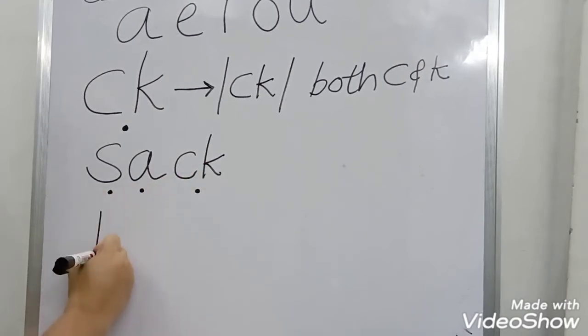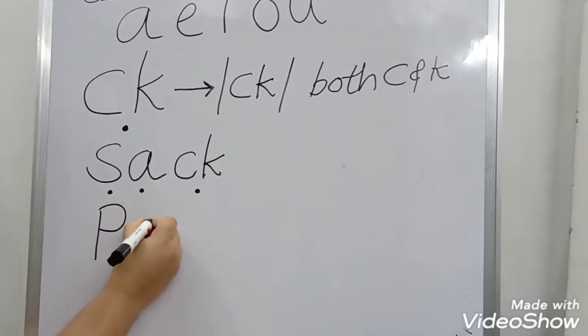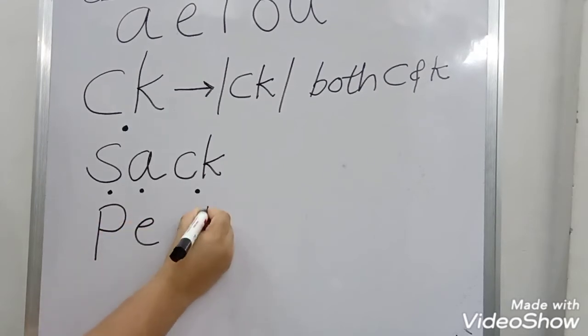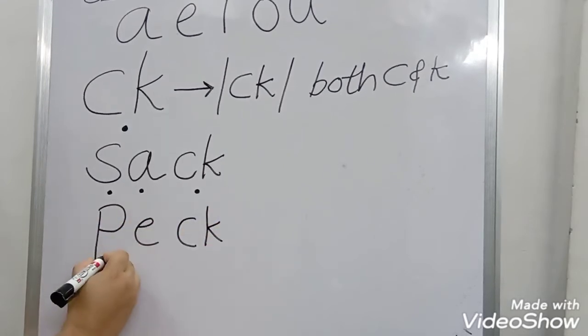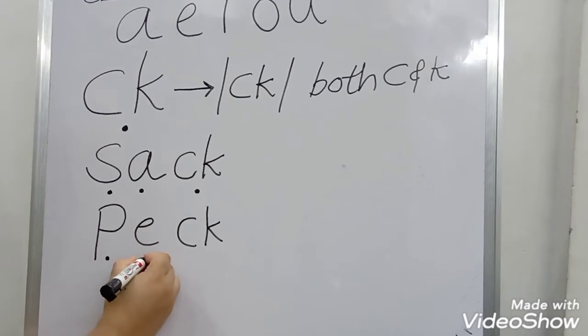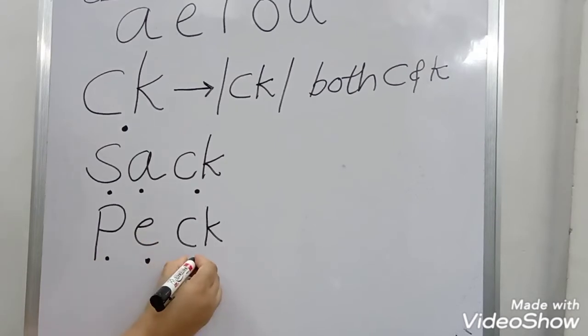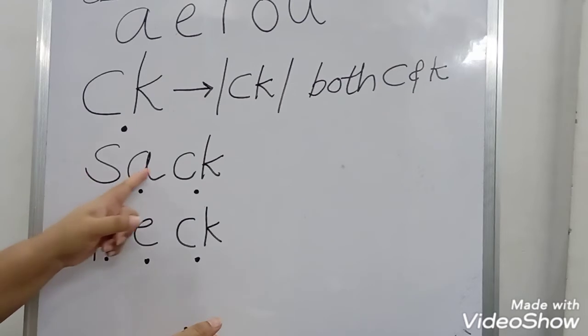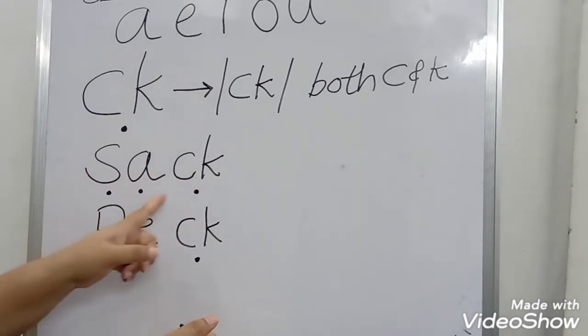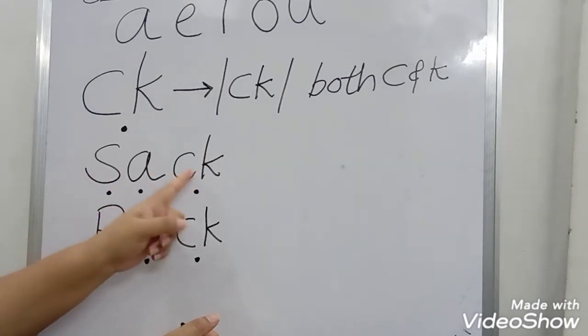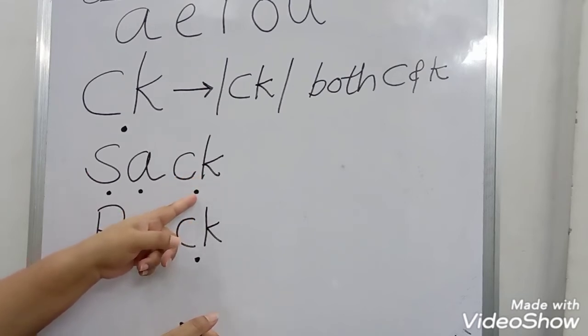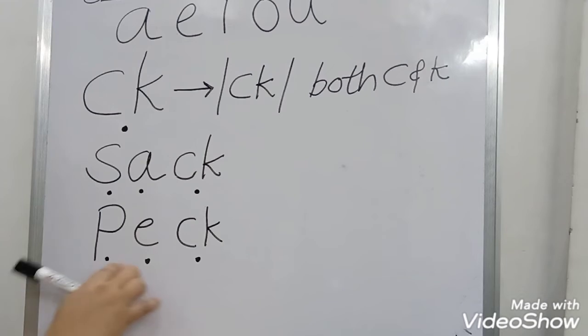Next, peck, P, E, K, peck: a vowel followed by a K sound. Can you see here we have 4 letters, but it will make only 3 sounds, because these are same-sounding letters next to each other, so it makes the sound only once.